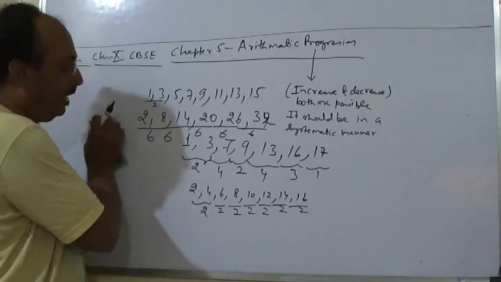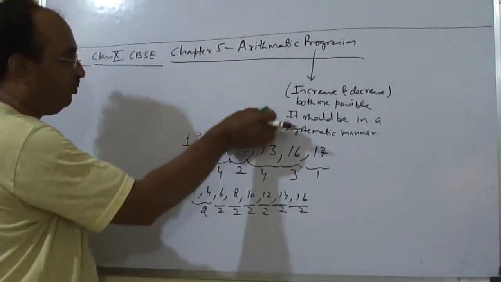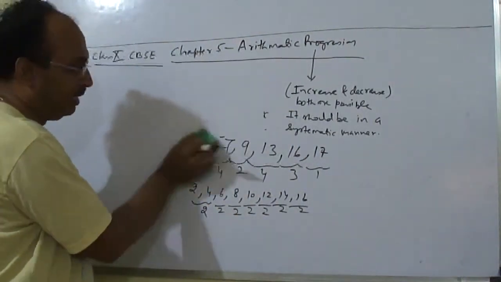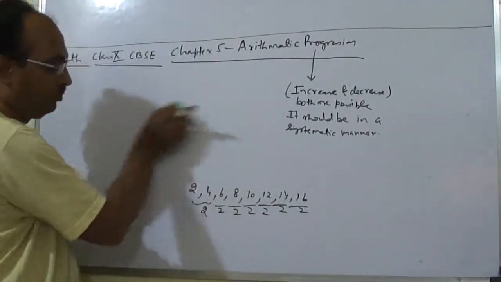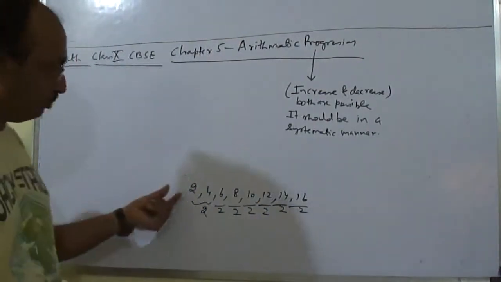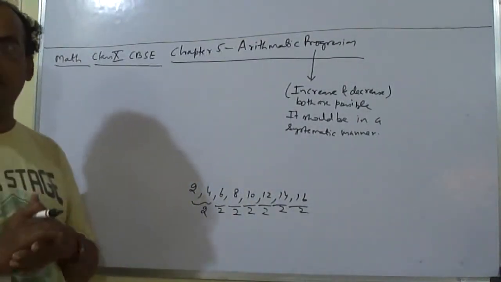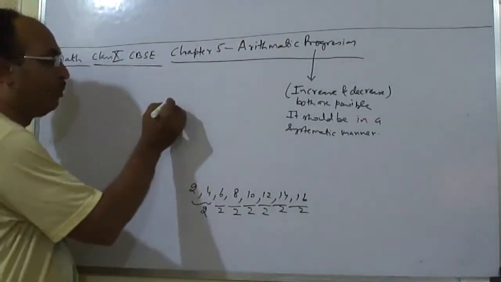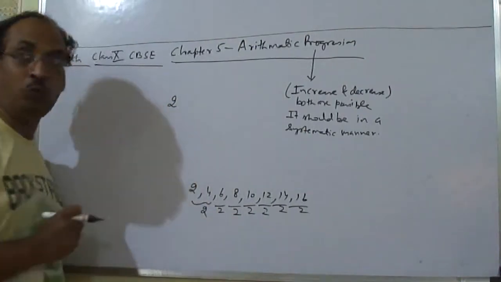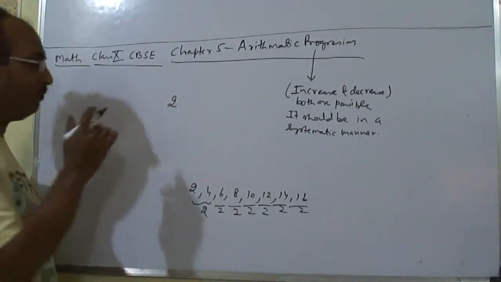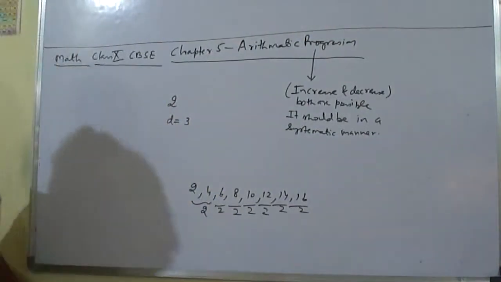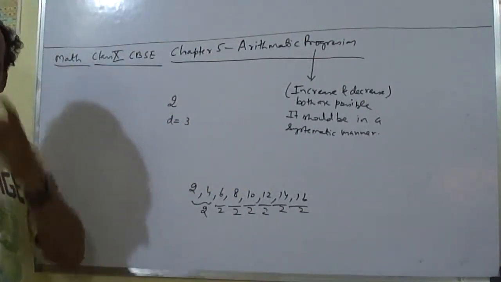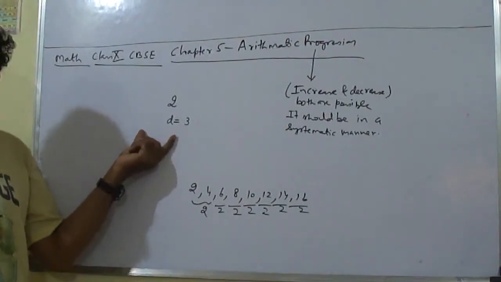So in an arithmetic progression, you need a first term. Suppose you are given that the first term of an arithmetic progression is 2 and a constant difference d of 3 is to be maintained, and you have to form the series.